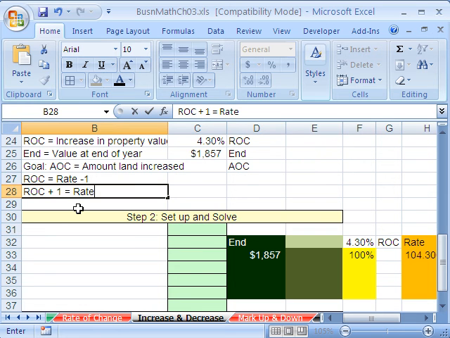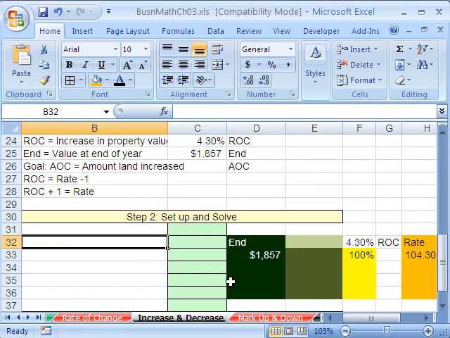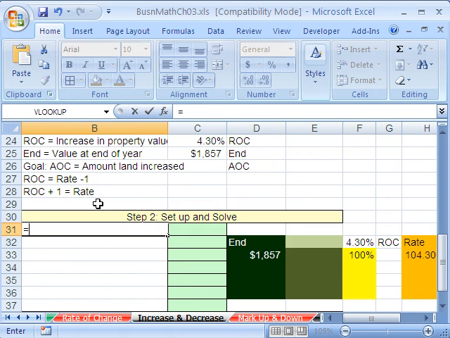Now, we didn't specifically write this formula down, but our drawings definitely led us to this conclusion. And that's the trick to this one. So now we can go ahead and start solving. Now, I'm actually going to come down here and formally in our setup, I'm going to do this formula right here.